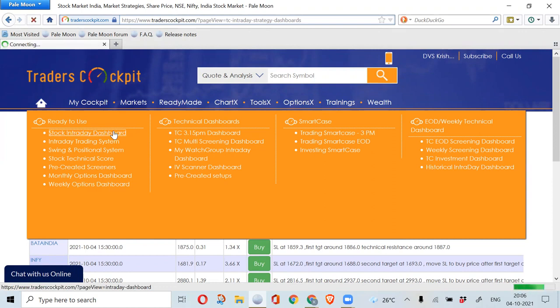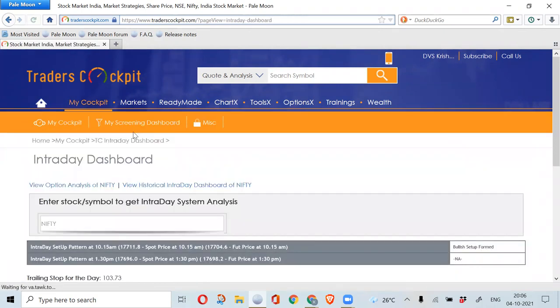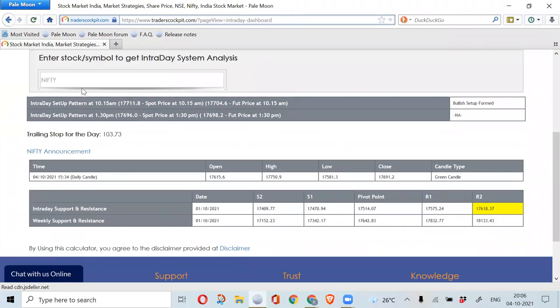If you click on this, a stock intraday dashboard will open, in which you can get a 360-degree analysis, where you can search for the list of stocks of your own wish. And the 360-degree analysis will be done by the software. You know, most of the time the market will be volatile for the first 1 hour or 45 minutes.